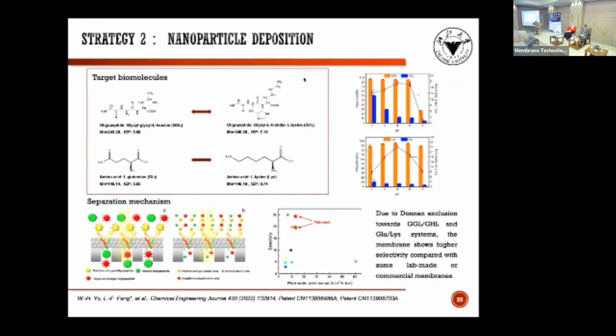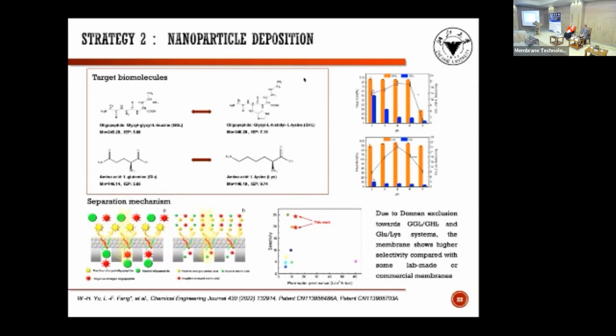In order to investigate the practical potential of this NF membrane in separating oligopeptides and amino acids, 2 oligopeptides and 2 amino acids were selected as the model solutes. Among them, GHL and GGL have similar molecular weight and different charge properties, while lysine and glutamine have the same molecular weight and different charge properties.